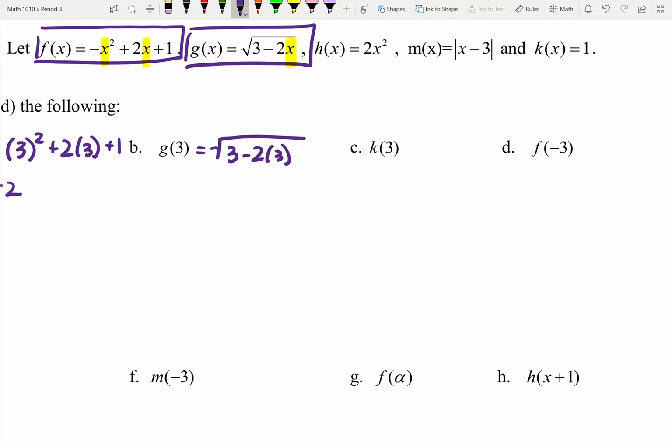Hit second, go down to the x squared, and then go 3 minus 2 parenthesis 3, close it, enter, and you get an error. Can anybody tell me why you get an error? Because you end up with a negative, and you can't have a negative in the square root on here, okay? So we're going to say not possible. That's all we're going to say, and we're done, okay?